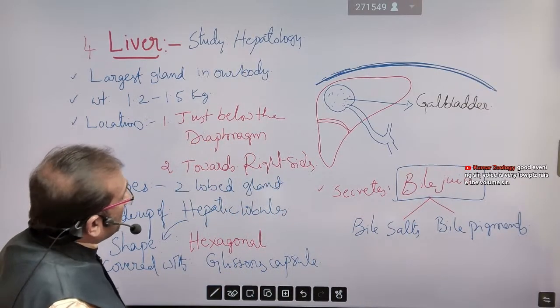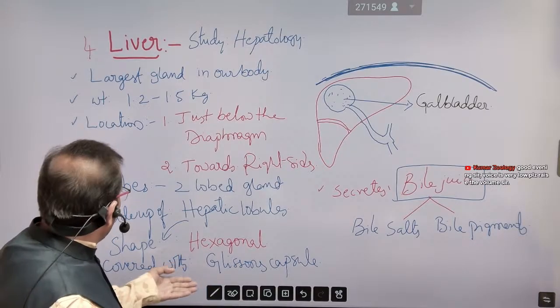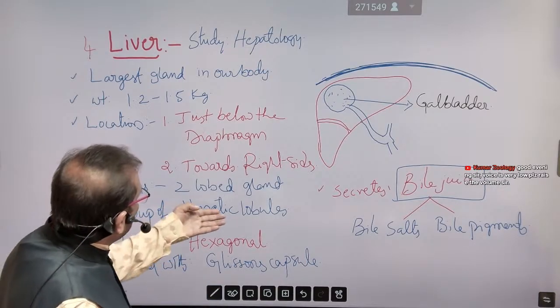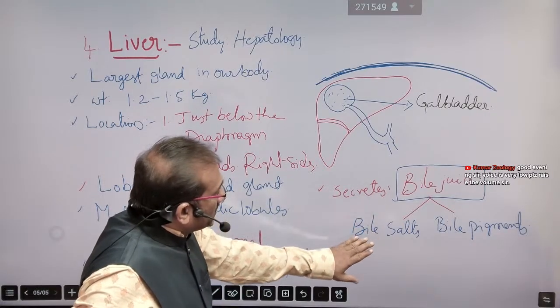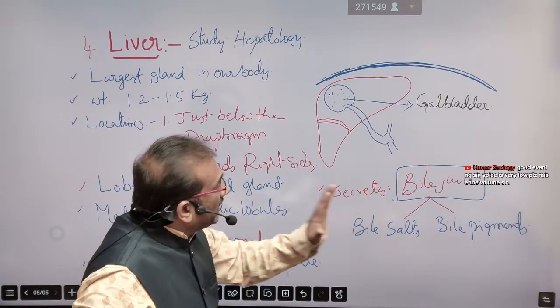Bile juice is secreted by the hepatocytes, and liver is made up of hepatic lobules. Bile juice contains 2 substances: one is bile salts and the second is bile pigments.